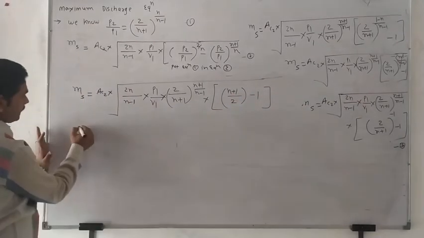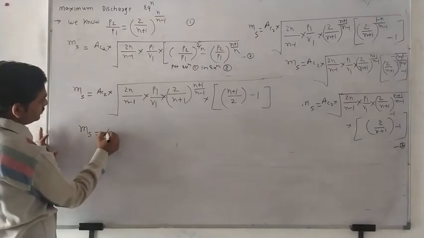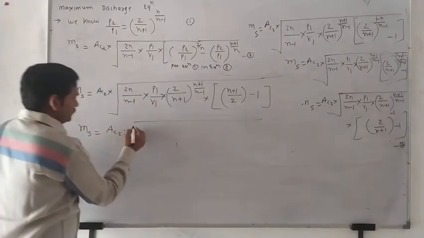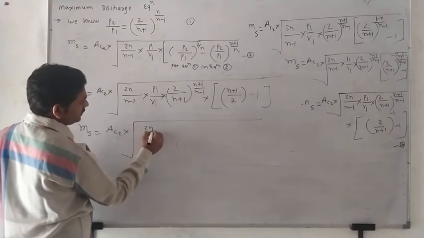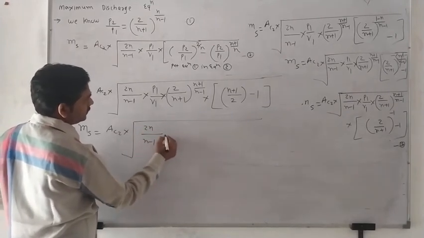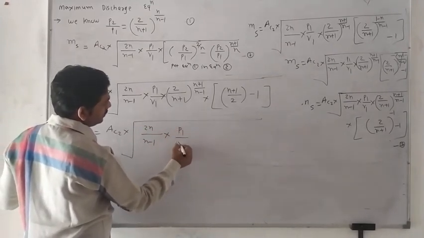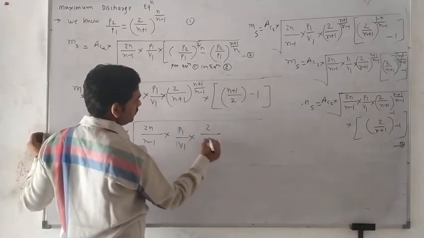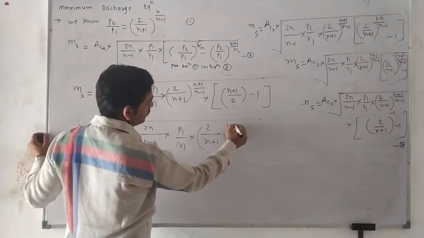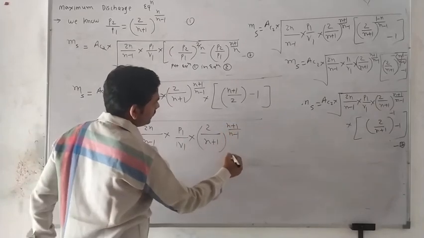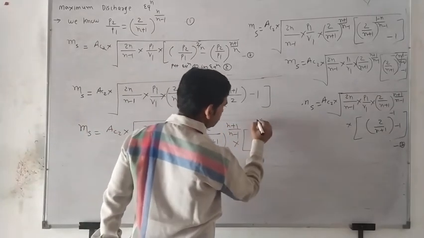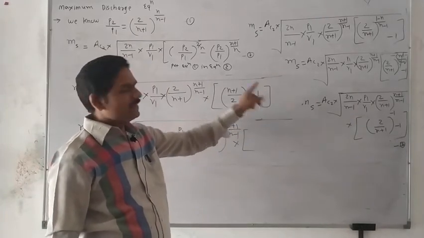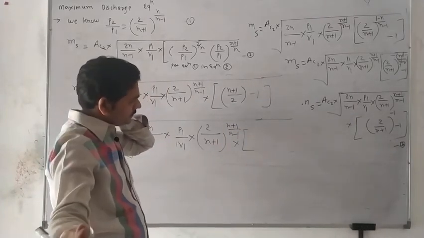So what is? m_s equals A_c2 twice n minus 1 P1 V1 [2 over n plus 1] to the power n plus 1 over n minus 1 here. 2 multiplied by this, simple math. Tell me. Correct.